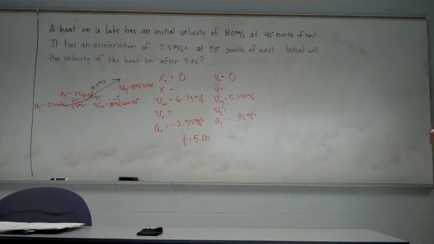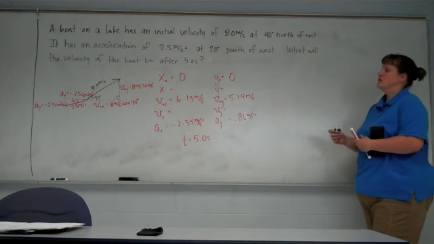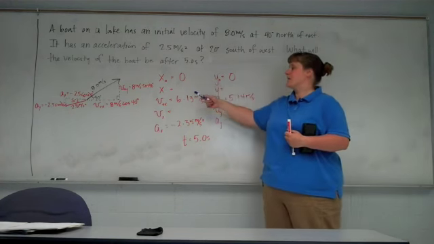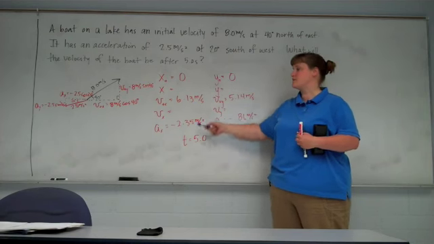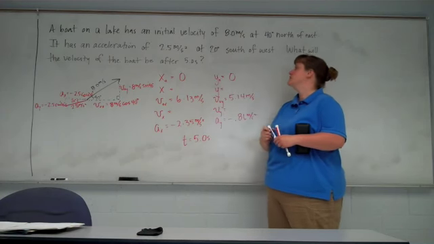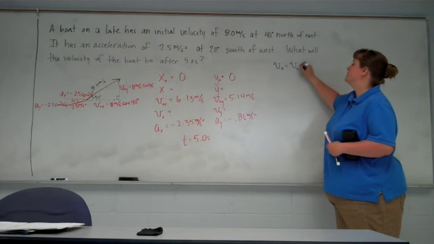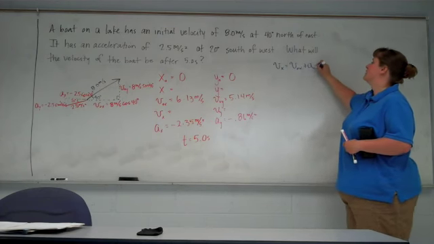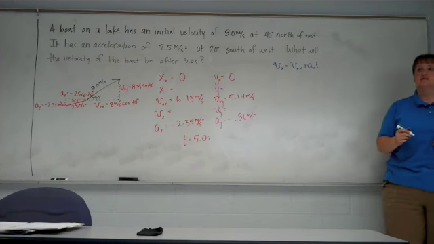To describe the final velocity, we need to know the X component finally and the Y component finally. We need both. We know initial X position, we know initial velocity, we know acceleration, we know time. We're looking for Vx final. That equation will come in handy. It relates the velocities, acceleration, and time.